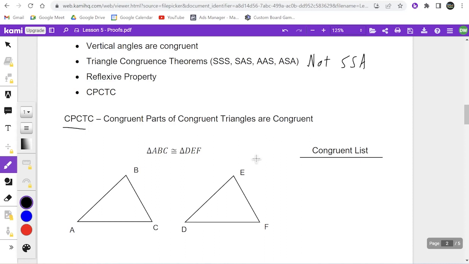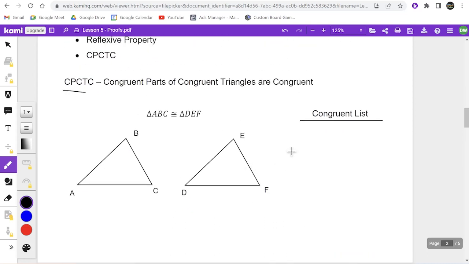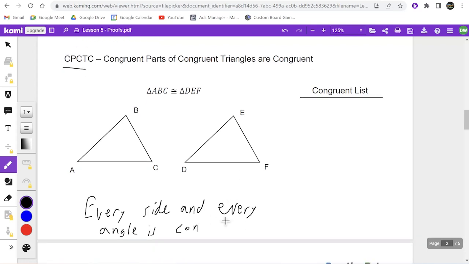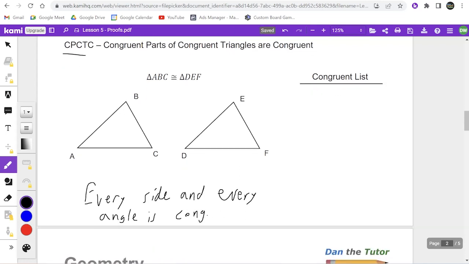So as an example of what congruent parts of congruent triangles are congruent means, I have 2 triangles right here, ABC and DEF, and I'm telling you they're congruent. If I tell you the triangles are congruent, then we know what that means. It means every side and every angle is congruent.